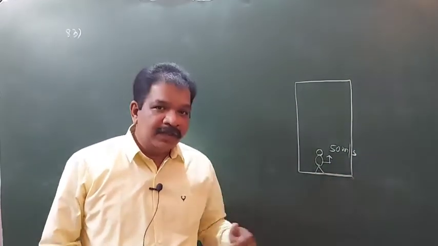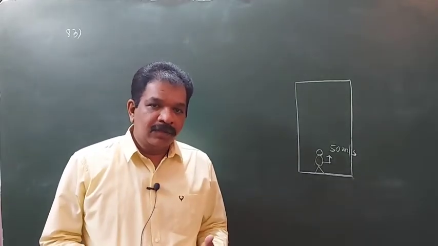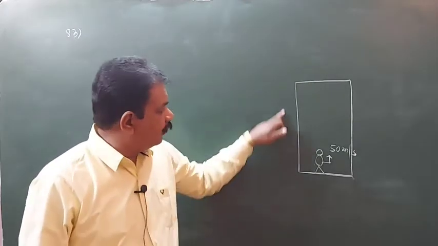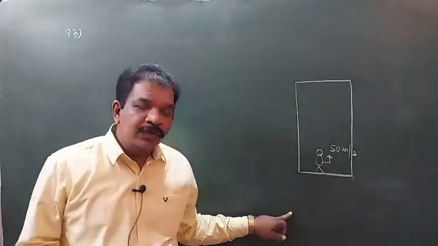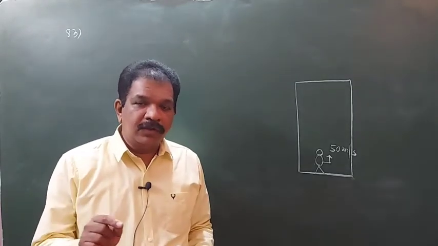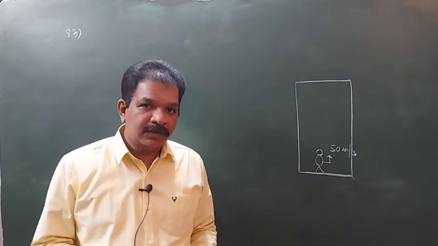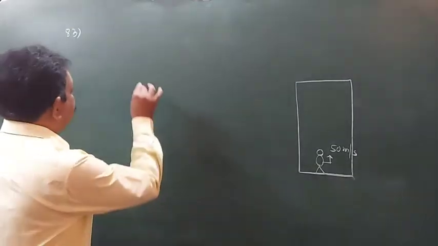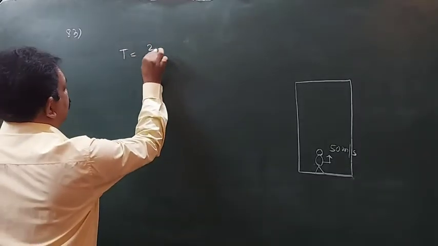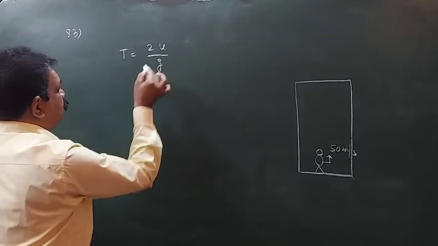If the lift is at rest, or if the lift is going upward or downward with uniform velocity, then the time of flight will be t is equal to 2u by g.